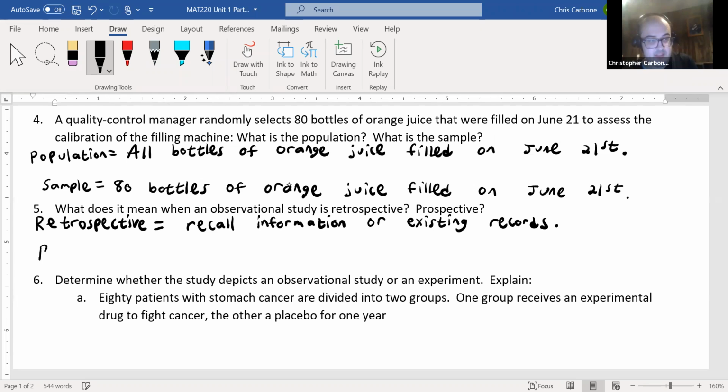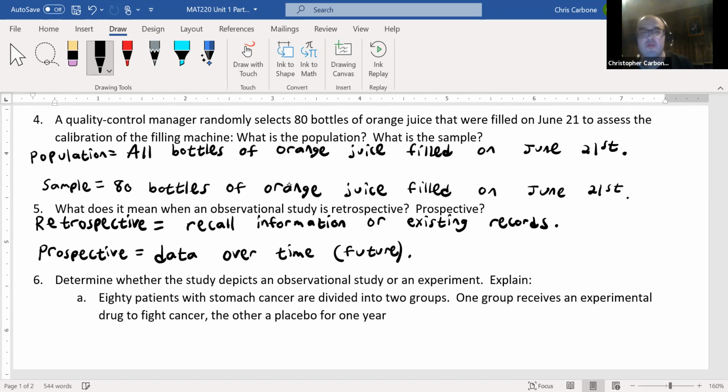A prospective study, this is data over time, specifically in the future sense, due to the pro being the prefix of that word.